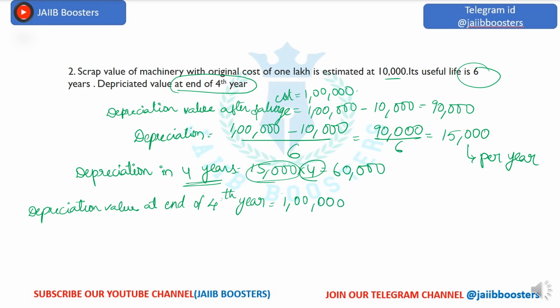What is the depreciation in 4 years? That is 60,000, every year 15,000. So after 4 years, 60,000 has decreased the value of the original asset. So 1 lakh minus 60,000, that is 40,000. This is the value of the asset which we purchased for 1 lakh. This is the depreciated value at the end of the 4th year, that is 40,000.